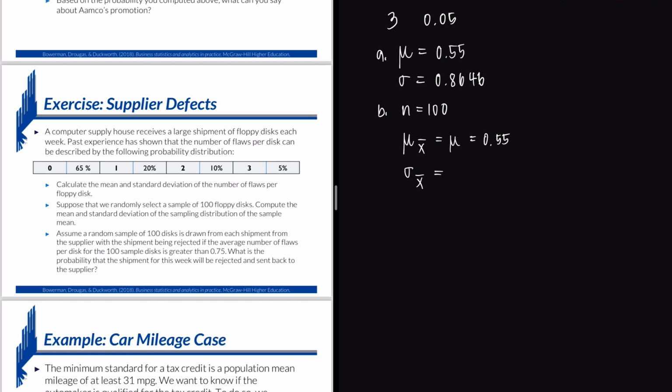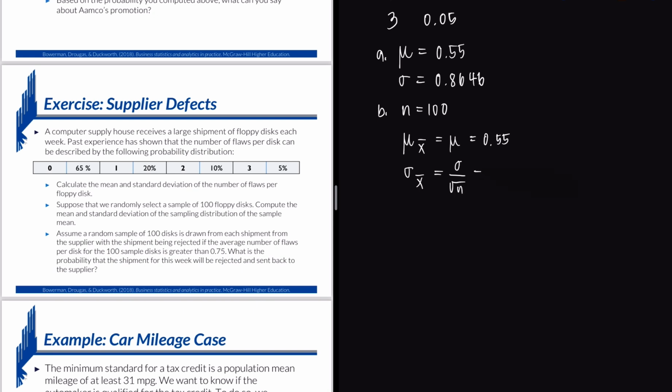In this particular case, again, there is no information provided on the population size, but given the context, we can assume that the population is a very large number and it keeps on increasing, and therefore capital N over small letter n realistically can be assumed to be at least 20, and therefore sigma sub x bar is simply sigma over the square root of n.